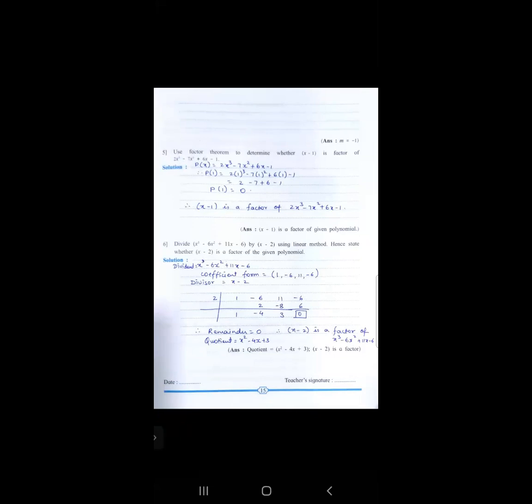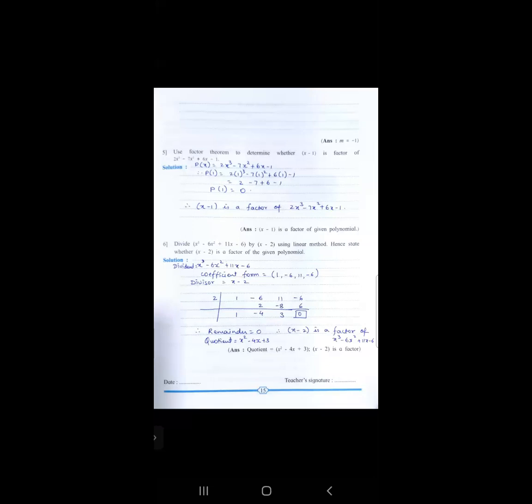Coefficient form means what? Only the coefficients, only the numbers. Once you know how to write it in ascending order, you can then write it in coefficient form, only the numbers of that given polynomial. If you are clear with this basic thing, then you can easily solve the factor theorem, remainder theorem, synthetic division, and of course the factorization method.